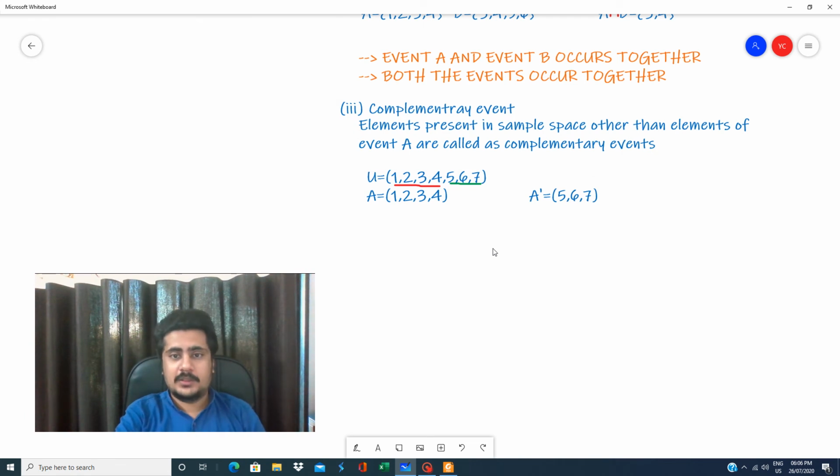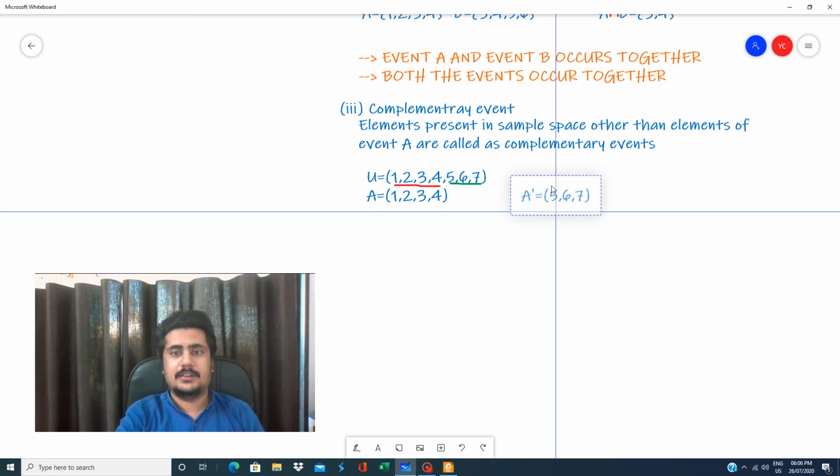So sample space is 1, 2, 3, 4, 5, 6, 7. A is 1, 2, 3, 4, and A dash, as I told you, that is 5, 6, 7.